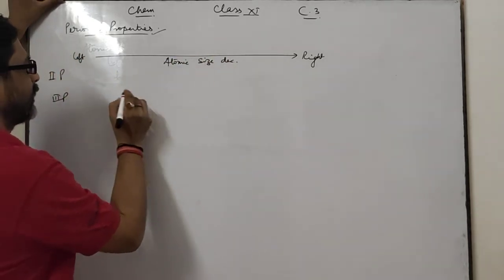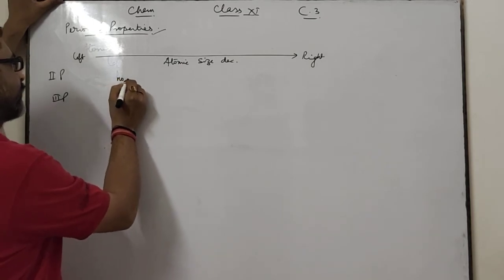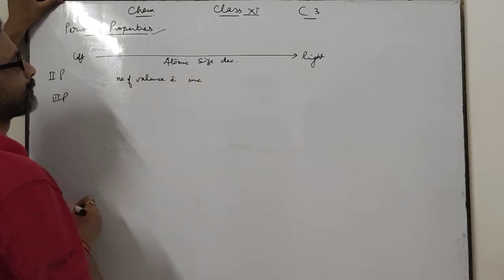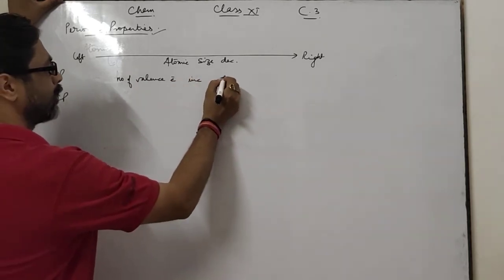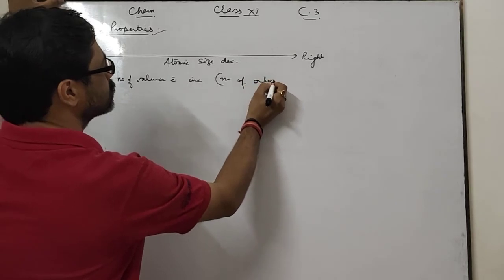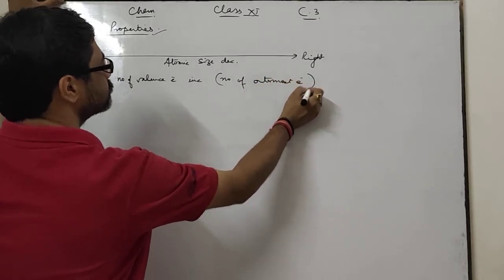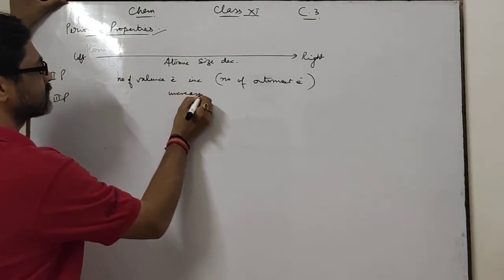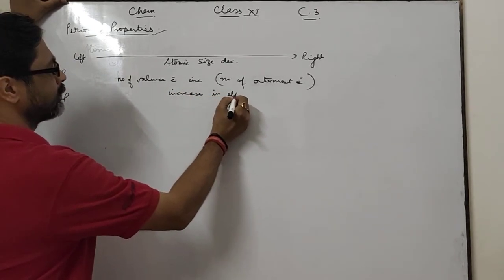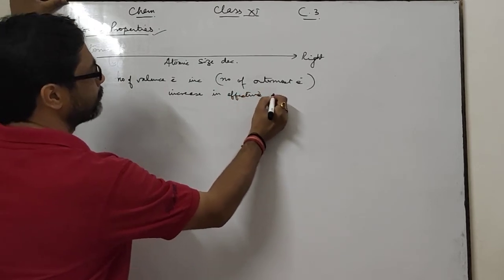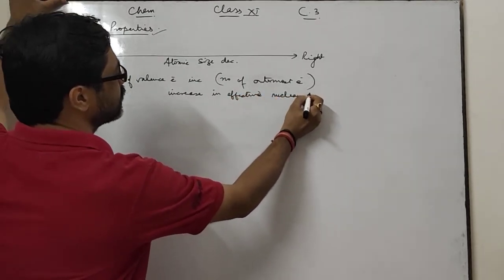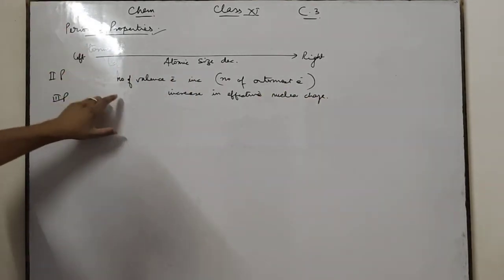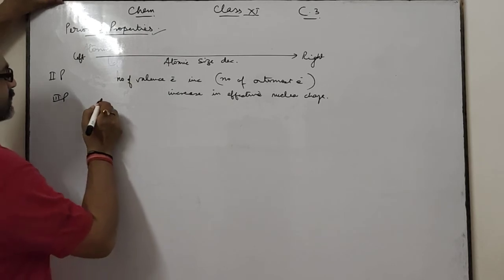As we move from left to right, the number of valence electrons, means outermost electrons, increases, which causes an increase in effective nuclear charge.